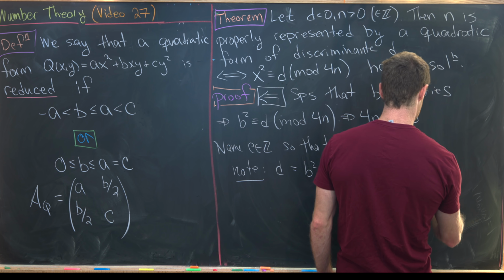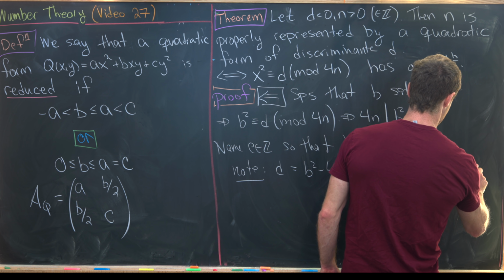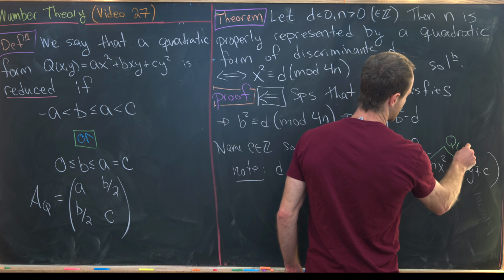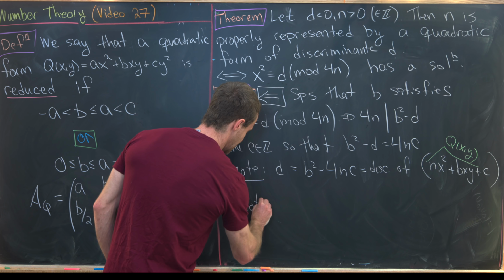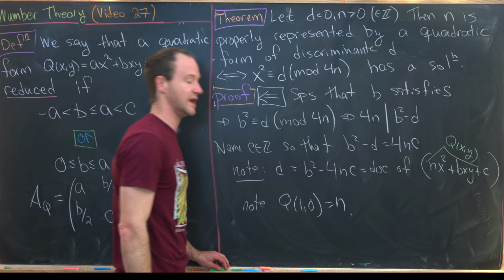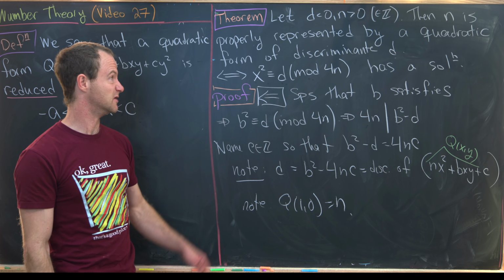It is Nx squared plus Bxy plus Cy squared. Discriminant of that guy right there. So let's go ahead and give that a name. So that's equal to, we'll call it Q(x,y). And then another thing that we want to note is that Q evaluated at (1, 0) is equal to N. So that's exactly what we need for Q to represent N. So that finishes the proof of this reverse direction.